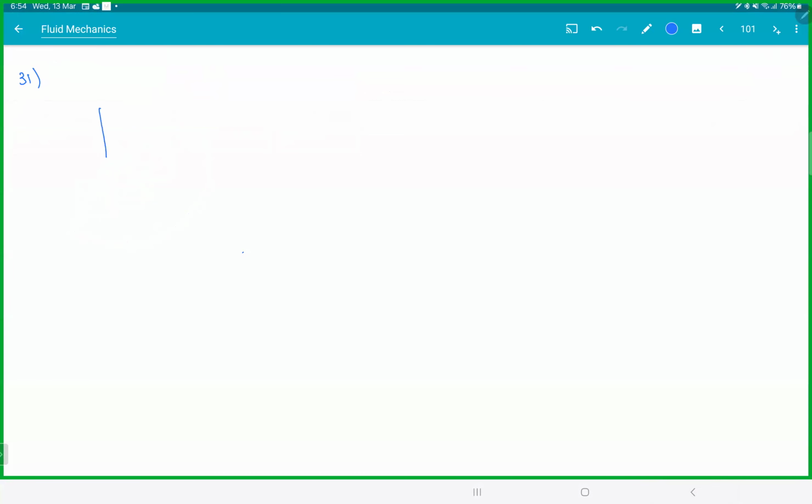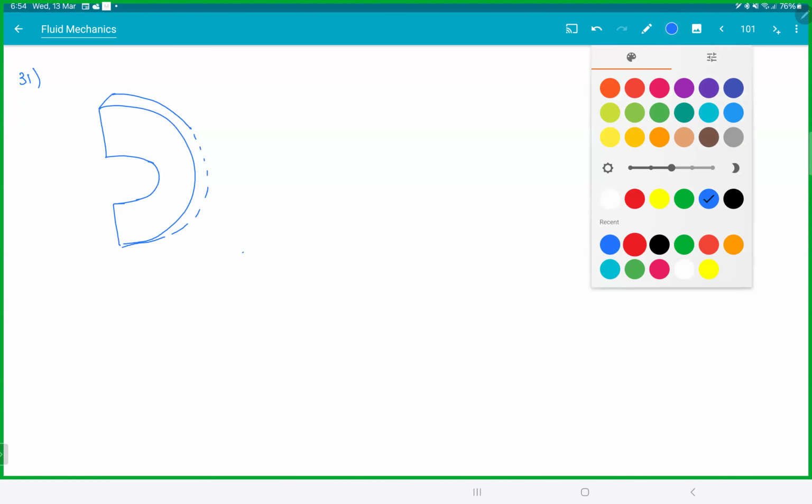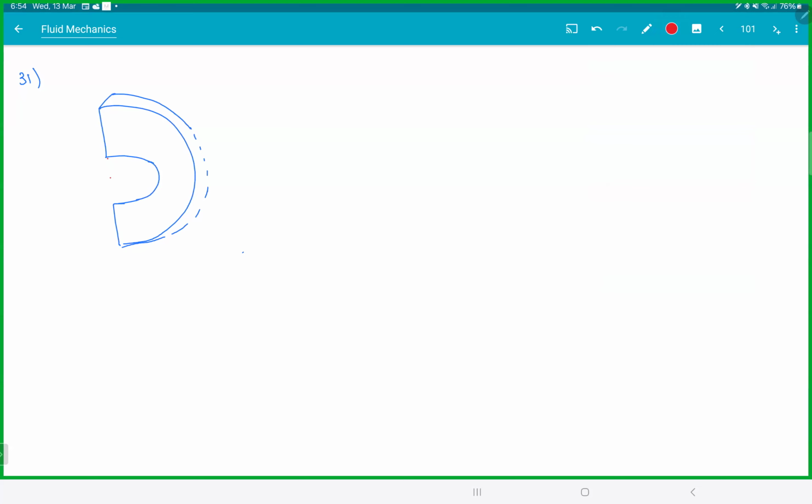I'll just start from the top view. So it is like this. So here liquid is entering. I'm not getting this. We'll do this later on. Next one. I gave up.